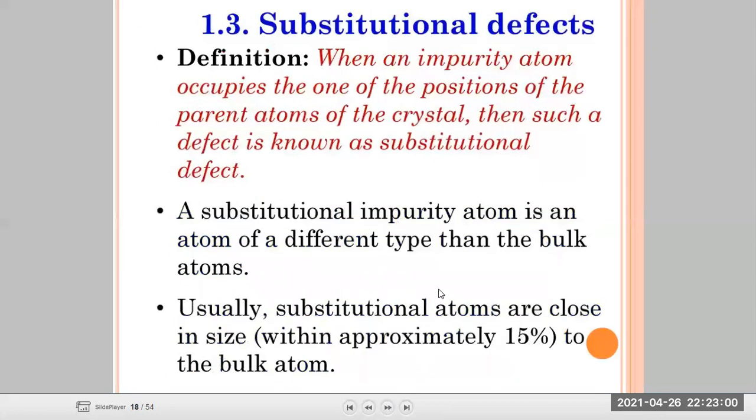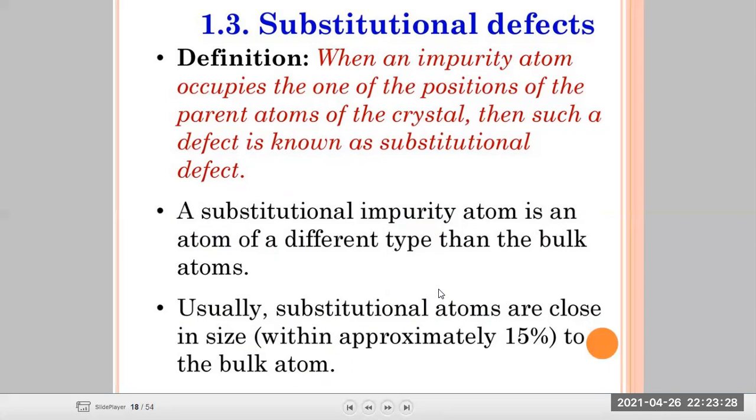So what is actually a substitutional defect? Here we are moving to the next type of defect. When an impurity atom occupies one of the positions of the parent atoms of the given crystal, we say that it's called a substitutional defect. The substitutional impurity is an atom of a different type.